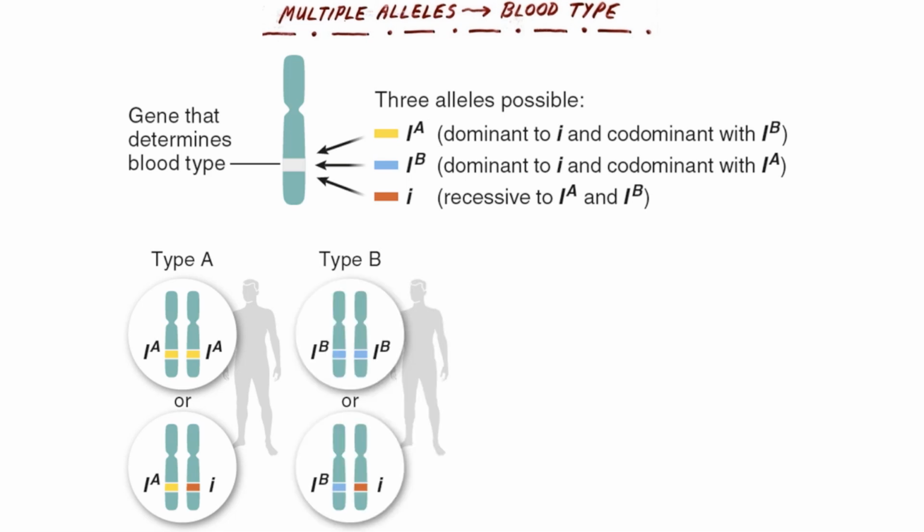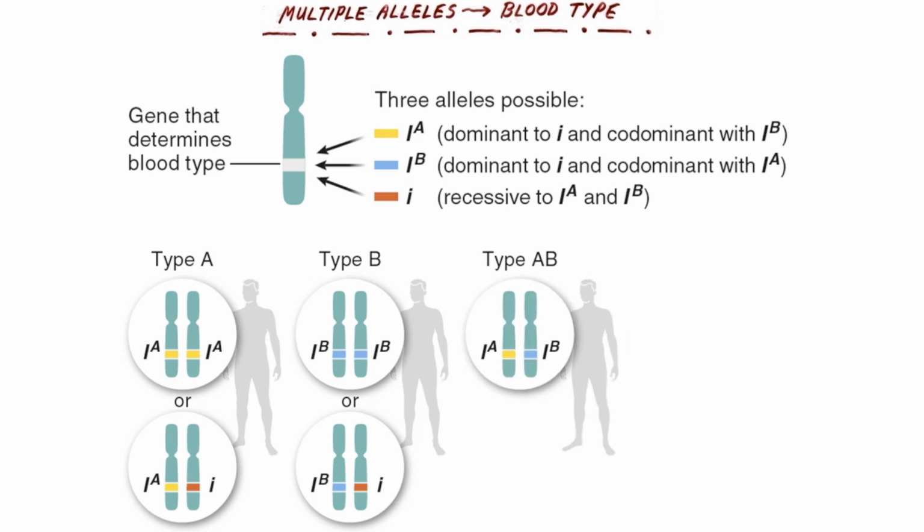One phenotype, 2 different genotypes that give it, because the B is dominant to the little i. Because A and B are co-dominant with each other, they're both going to show up in the phenotype. So if you have one allele of each, then your blood type is called AB. And then we have a 4th blood type, O. That's when you have 2 of the recessive allele, little i. So these are all the blood types that we see in a population, 4 different types, just from 3 alleles.